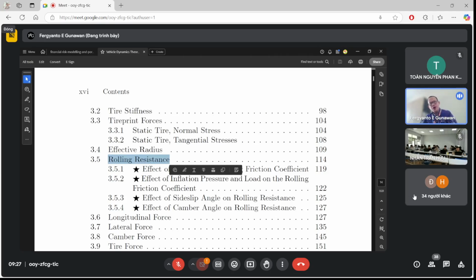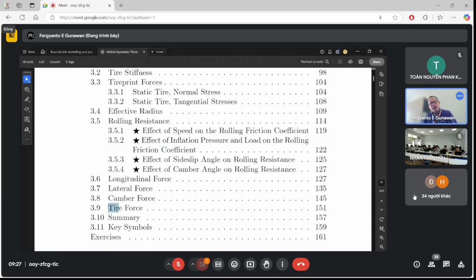We also focused on a set of forces that happen due to the angles of the tire, right? The alpha and gamma. Alpha is the steering angle, and gamma is the camber angle. The camber angle may happen if you are making a turn, right?